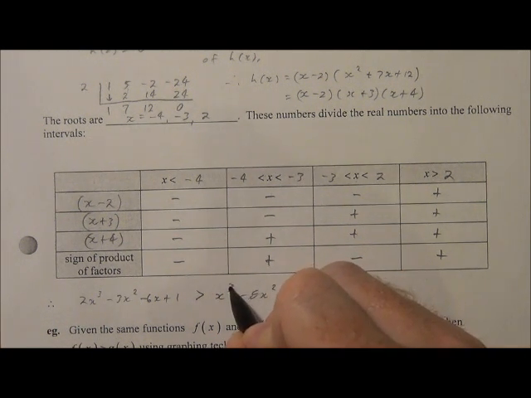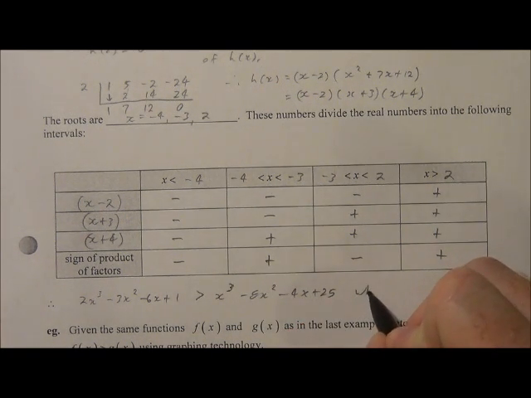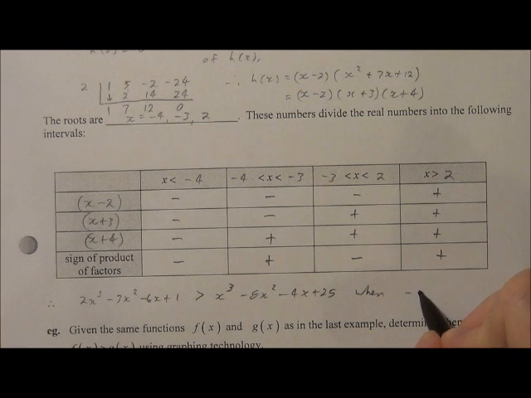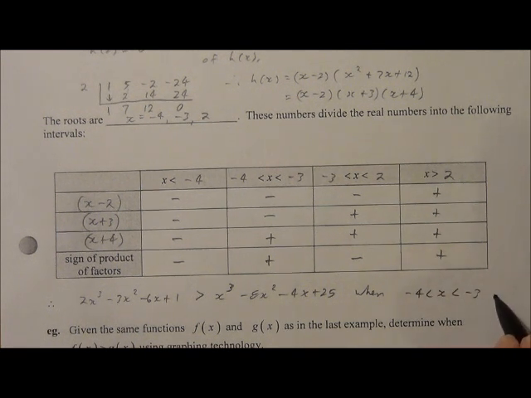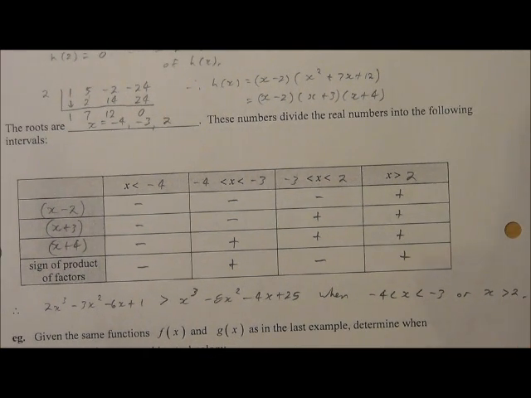Those are the original functions f of x and g of x. When negative 4 is less than x, less than negative 3, or x greater than 2.